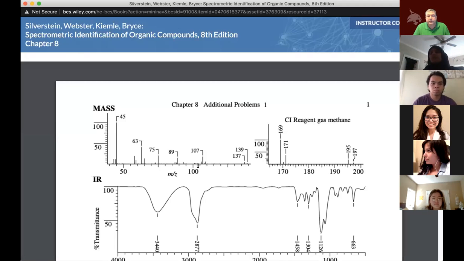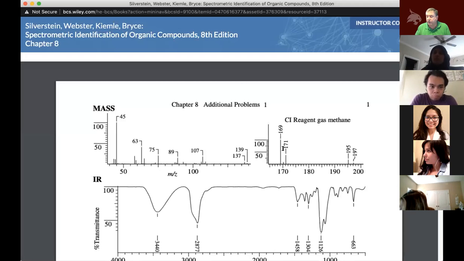Okay. All right, so now we're using chemical ionization. We've now figured out that our base peak is our M+1 peak at 169, which gives us a molecular ion peak of 168. We think because of the ratio here, we have chlorine. So if we remove the chlorine, that's 168 minus 35, which should give us 133.